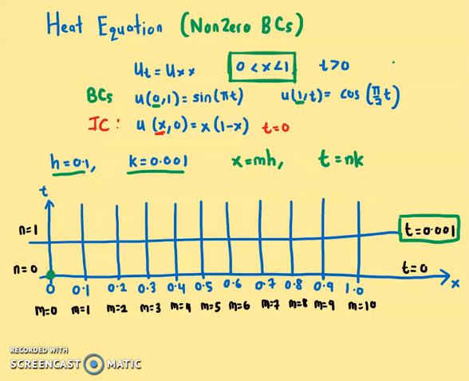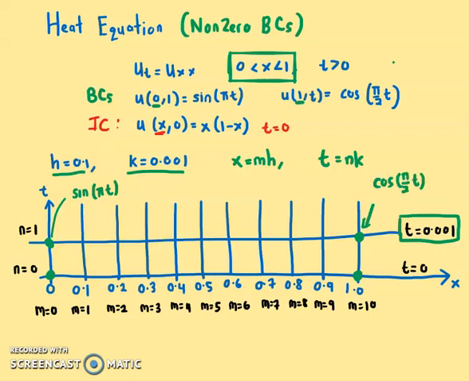This value here can be obtained when x equals 0, which you can get using sine pi t. Similarly, this value here is obtained for x equals 1, which is cos pi over 2 t.